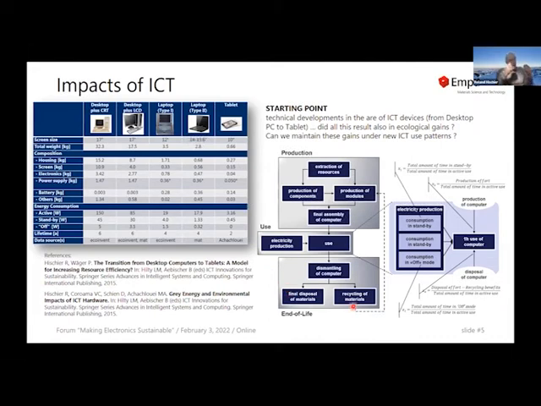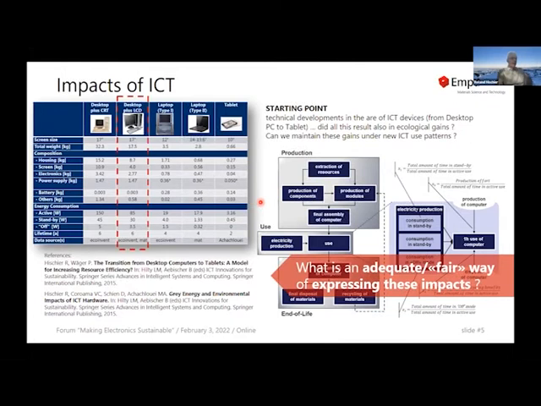The rationale was to see what is in the end more important: the longer lifetime that you have for the bigger devices, or the smallness and more efficient architecture of small devices like a tablet. So the question is, what is an adequate, fair way to compare these devices?